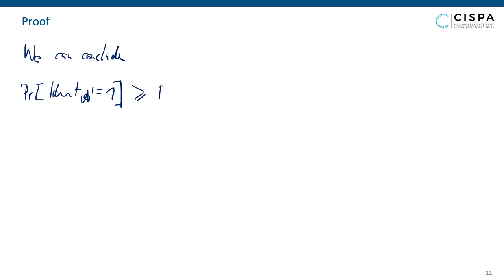Finally, with this we can conclude that the probability that A prime wins the ident experiment is at least the probability that A wins the EUF-CMA experiment, the event queried happens, and we guessed correctly.